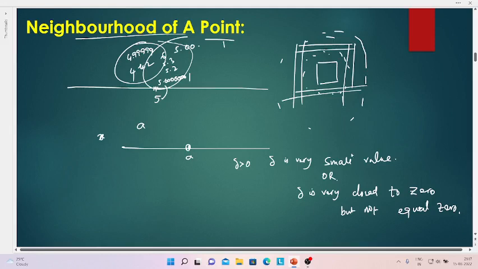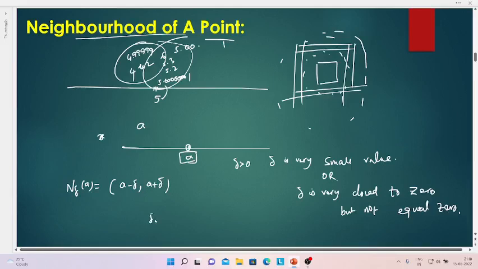It may be 0.00000005, right? Then the open interval a minus delta comma a plus delta is called the neighborhood of the point a. It may be written as N delta of a, I mean the delta neighborhood of a, which is the open interval from a minus delta to a plus delta.